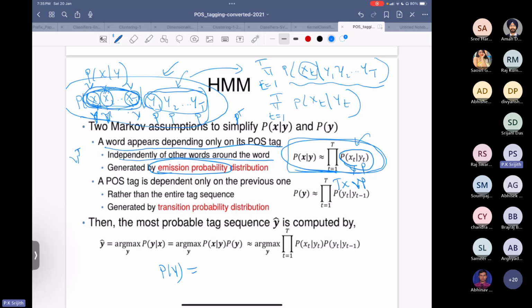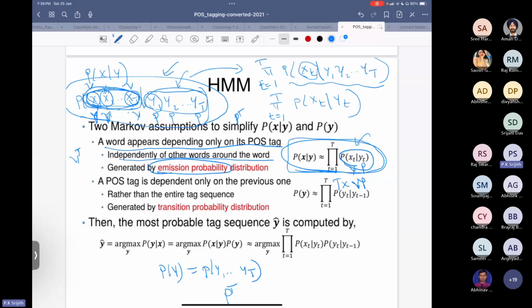First of all, if I want to jointly model p of y1 to yt, how many parameters do I need? P raised to t parameters. That's very large, so I need to make some simplifying assumption over this.